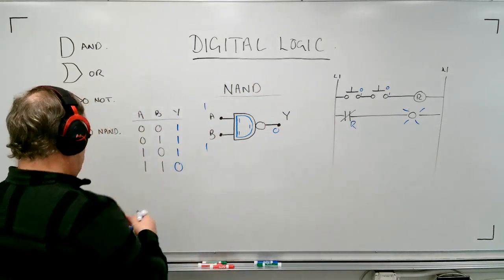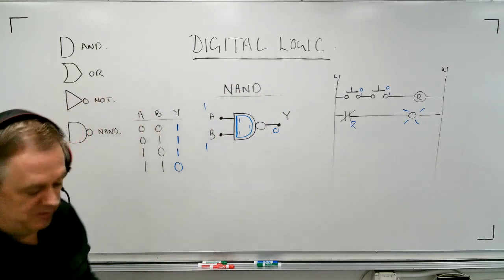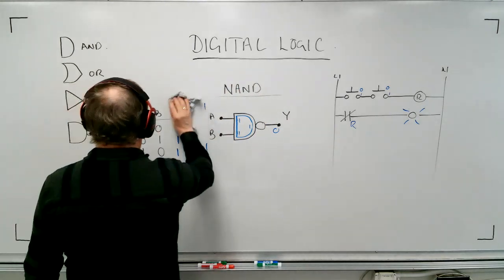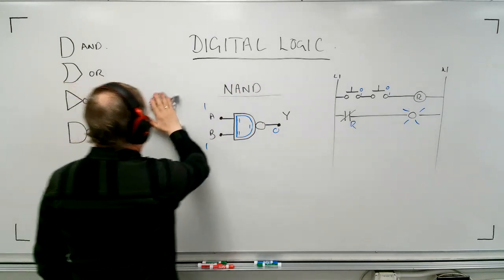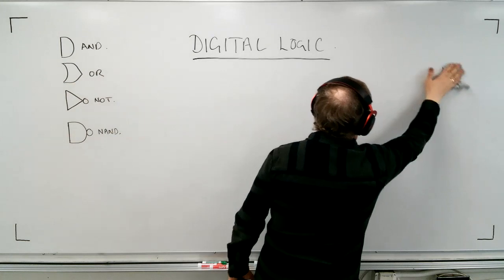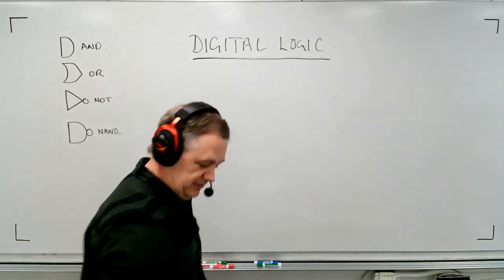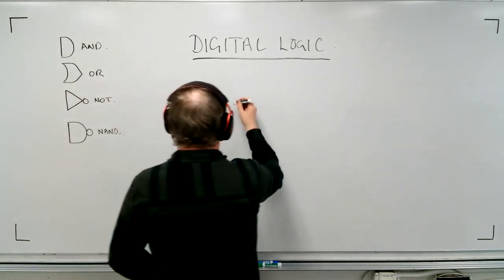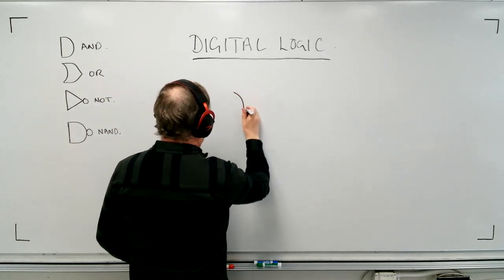Now, let's see, we should be developing a pattern here by now, so let's take a look. What's going to come after the NAND? What will come next? And so I think let's go ahead. This probably won't surprise you a whole bunch.